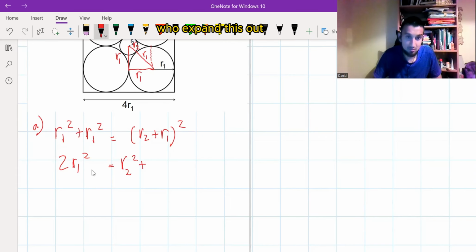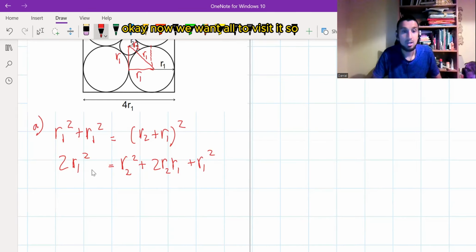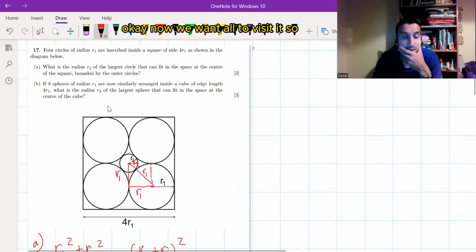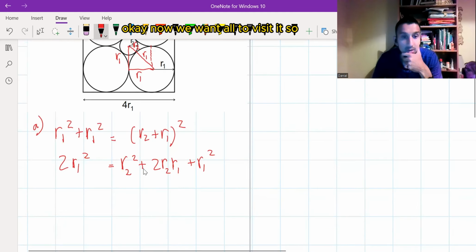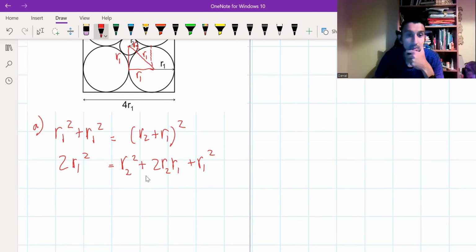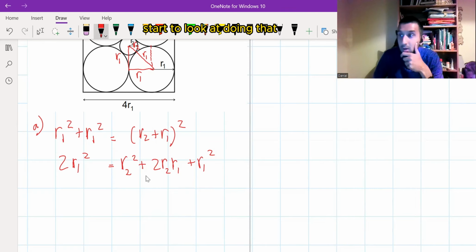If we expand this out, double brackets, R2 squared plus 2R2R1 plus R1 squared. Okay, now we want R2, isn't it? So we can start to look at doing that.